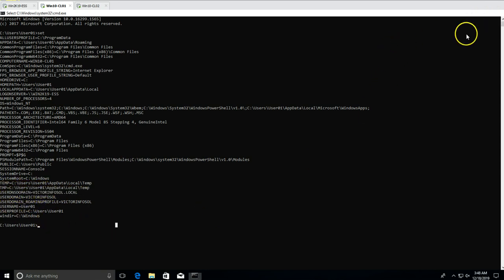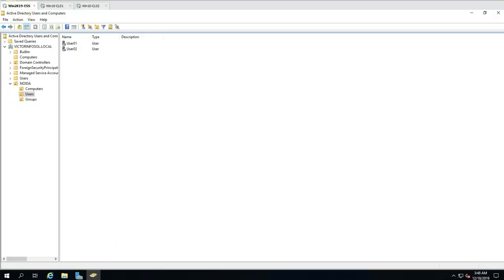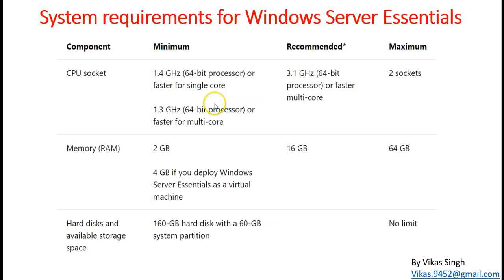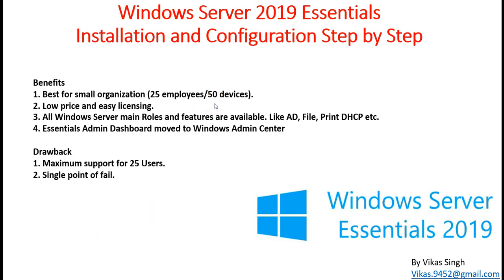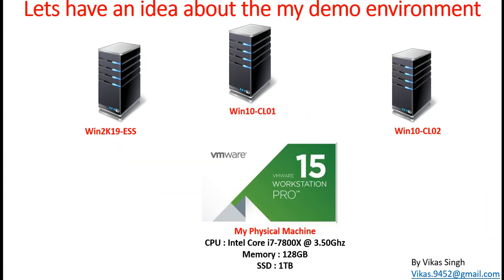So we have successfully installed the Essential operating system, which is Windows Server 2019 Essentials, and we have successfully joined two Windows 10 machines to our Essentials operating system, which we have promoted as a domain controller and DNS server. I'm going to break this installation and configuration video into multiple parts.